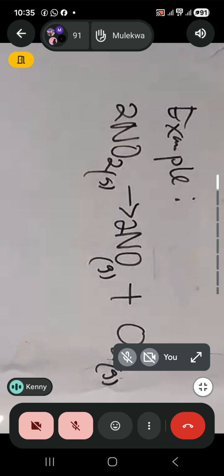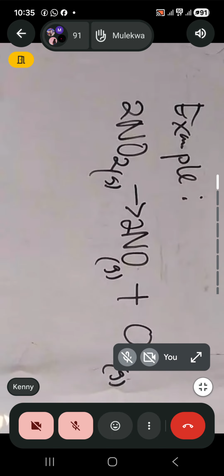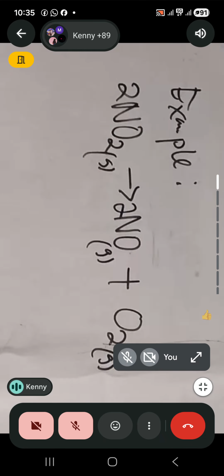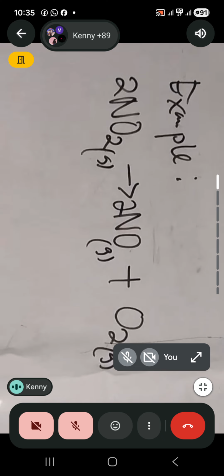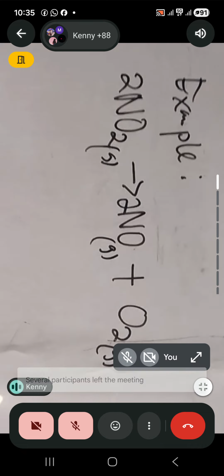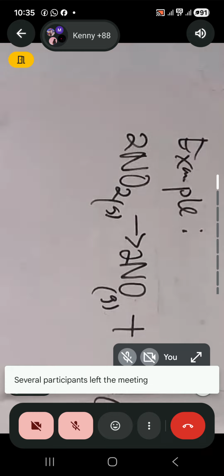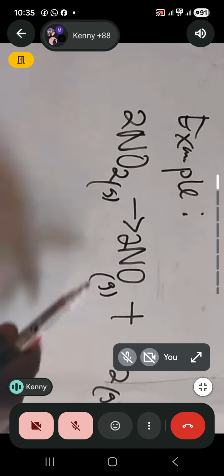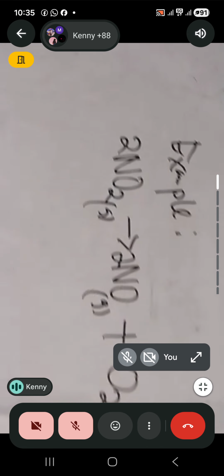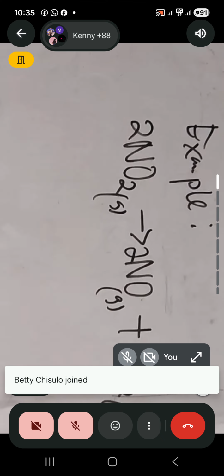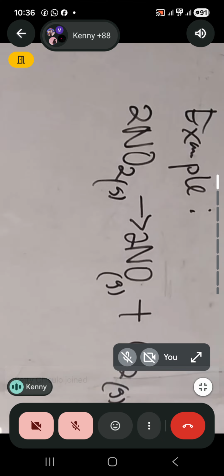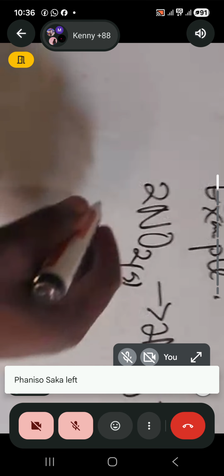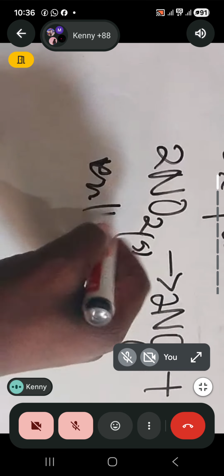It's clear? Yes, sir. Okay, so now the example: the decomposition of nitrogen dioxide carried out at 300 degrees Celsius. The results are as follows.